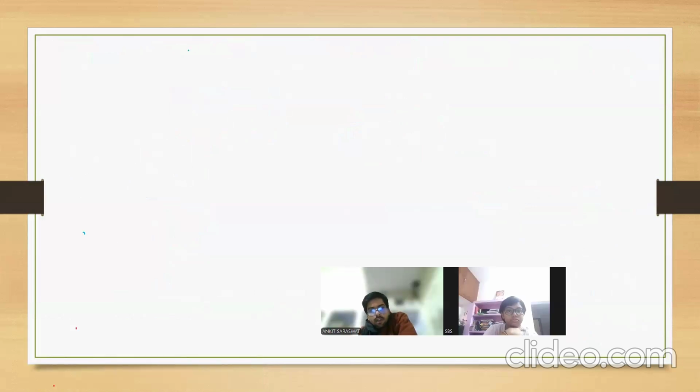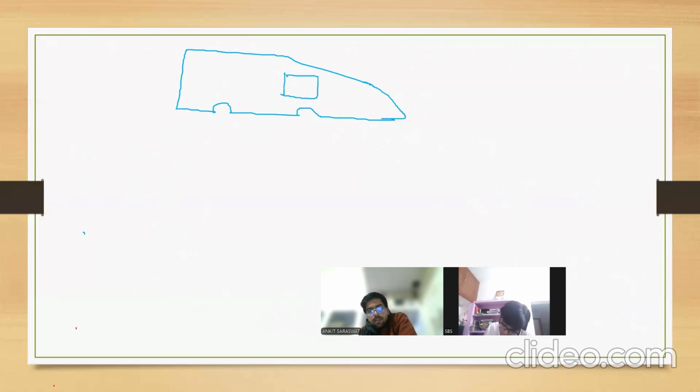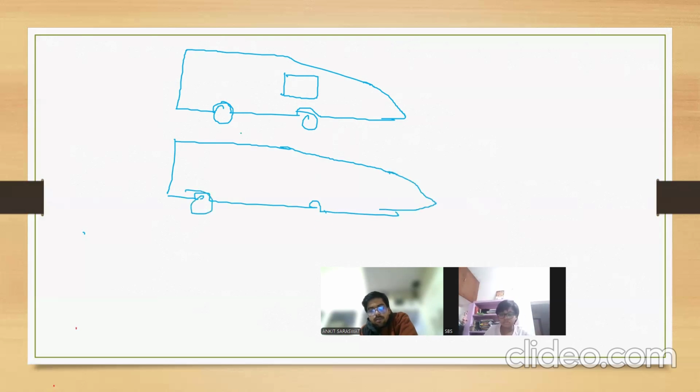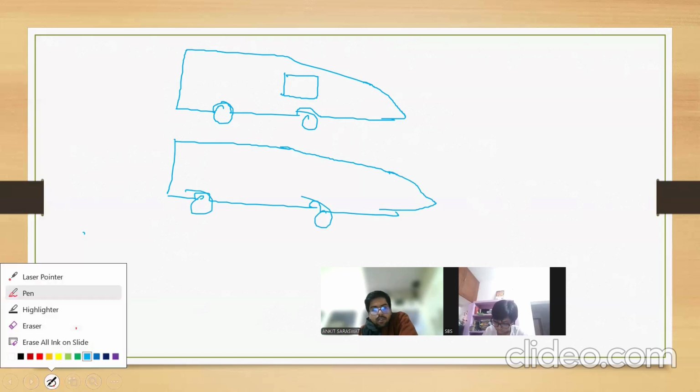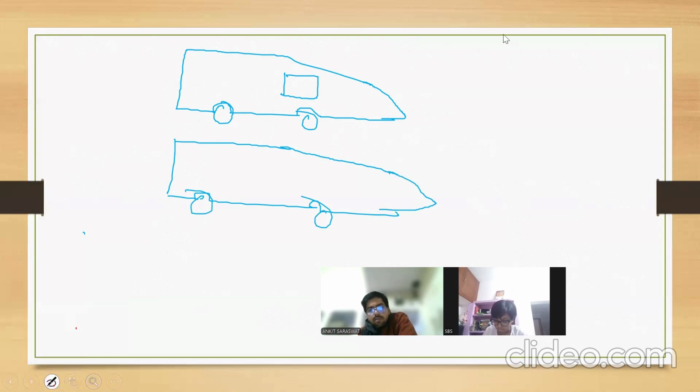this is one car. Here the driver is sitting. One more car is here. Let us suppose there are two cars, and both the cars are moving with the same velocity, for example, 100 km per hour here, and here also 100 km per hour.